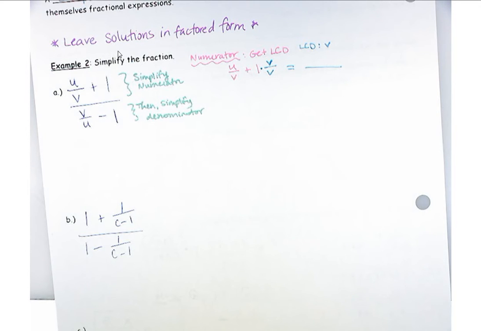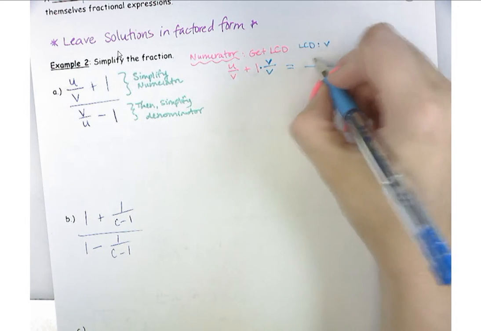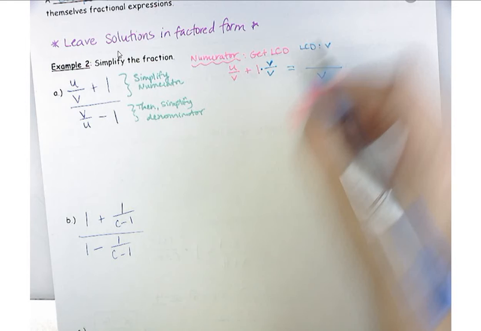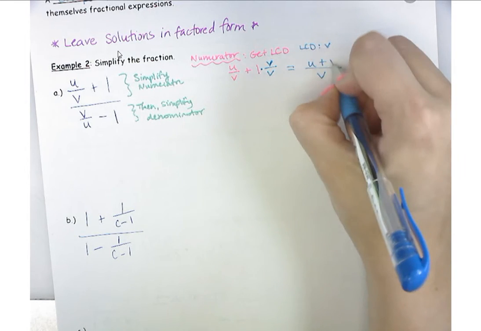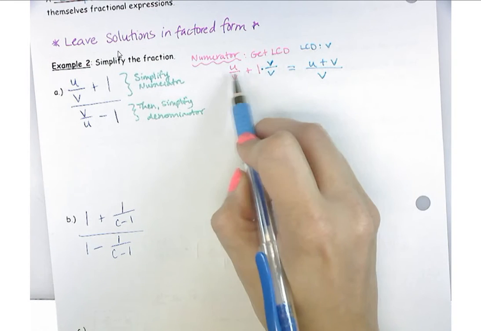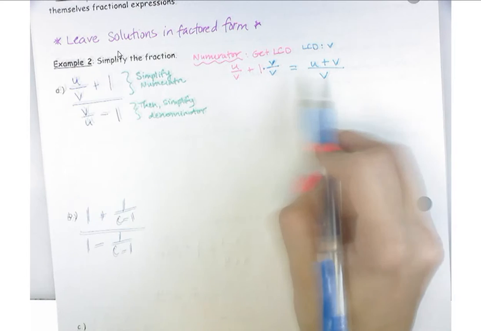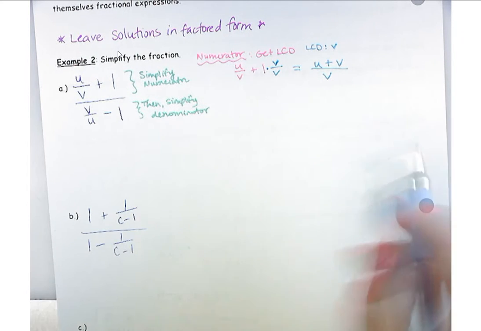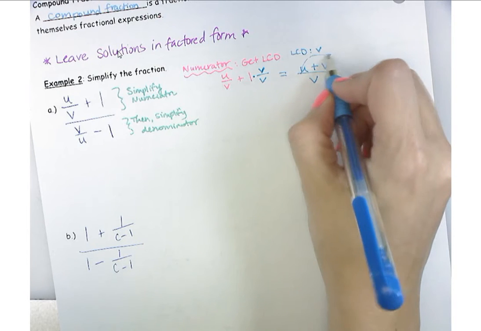Okay, so Maddie, what's my fraction going to be once I simplify? You're close. Yes, good. Okay, so here you'd have u plus v on the top, and the denominator is going to be the same. Okay, so again, this is our numerator.